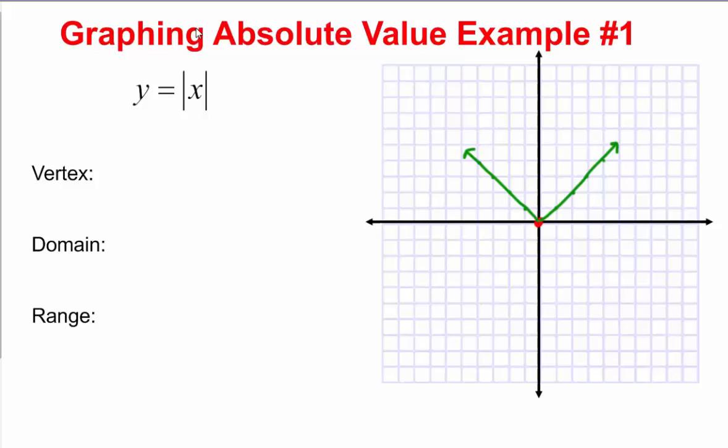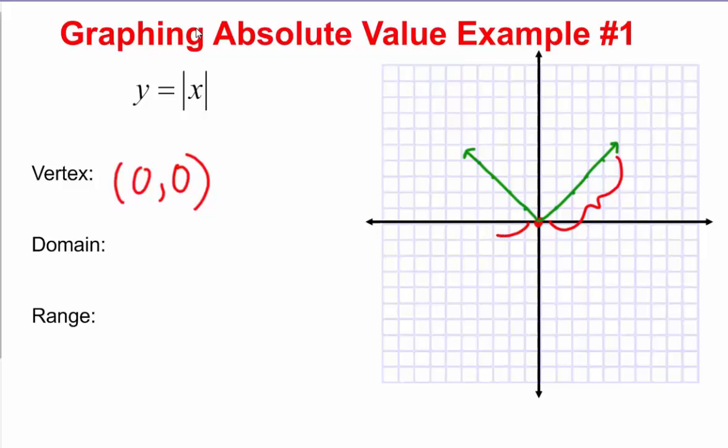So now let's talk about some key features of our absolute value function. We already said the vertex is 0, 0. Now let's talk about the domain. If I look at this function, this first line right here is going to go on forever in the positive infinity direction.